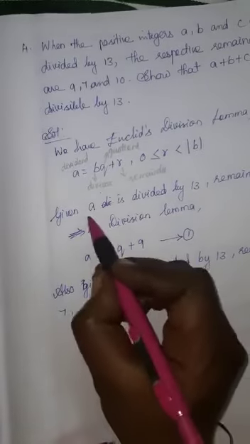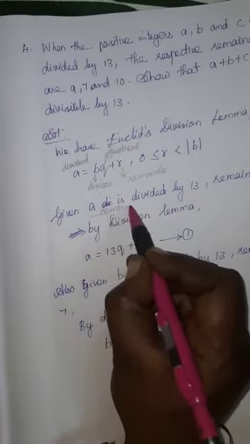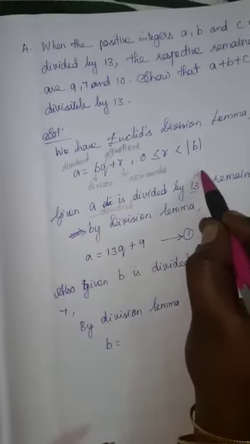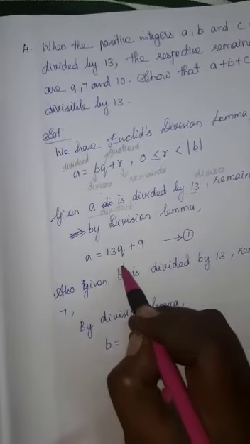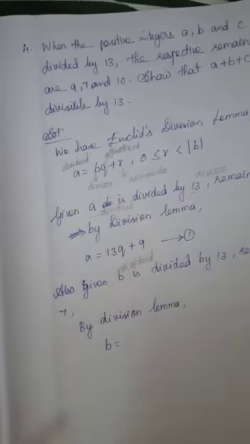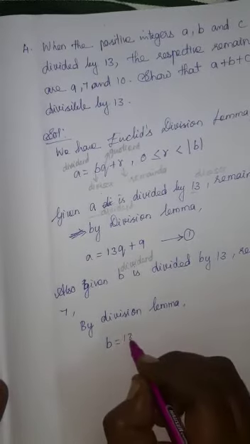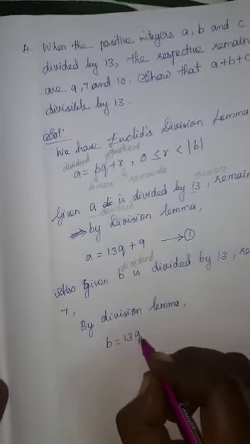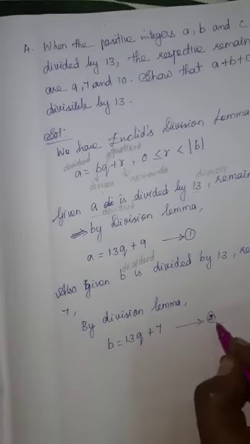If you have any doubt you can write it is the dividend, this is the divisor. Now b is equal to the same divisor 13, don't know about the quotient, q, plus remainder 7. This is equation number 2.